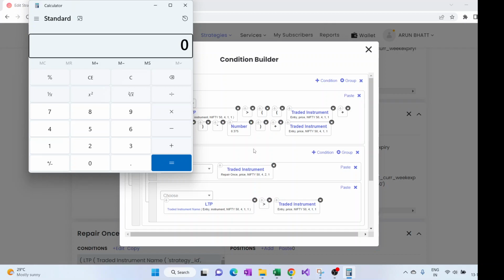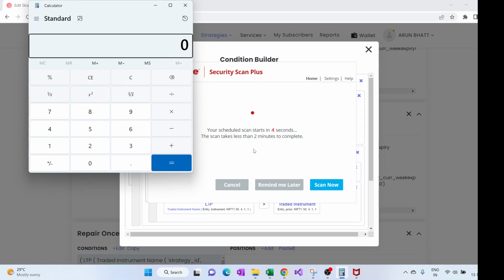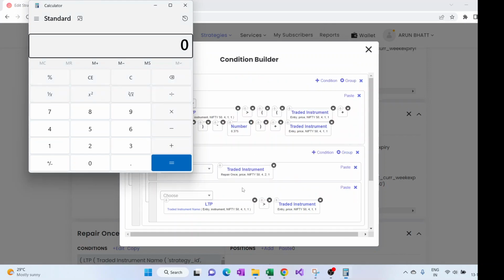This is just to avoid those cases where the market is going in a direction, and the option which has a price of 50 is increasing, and by the time it hits the stop loss, it will be trading at 87.5, which will be a loss of 37.5.